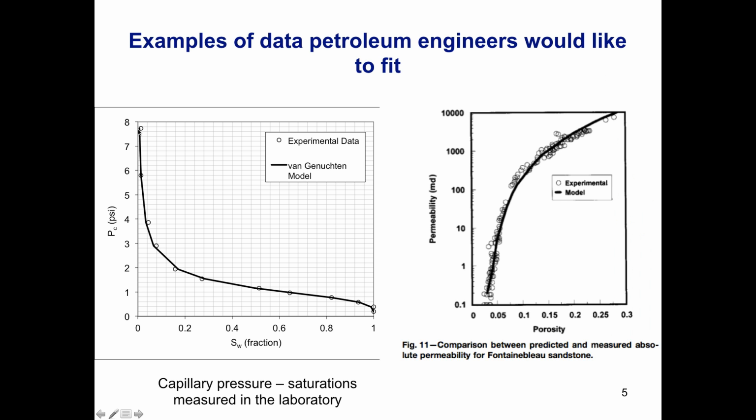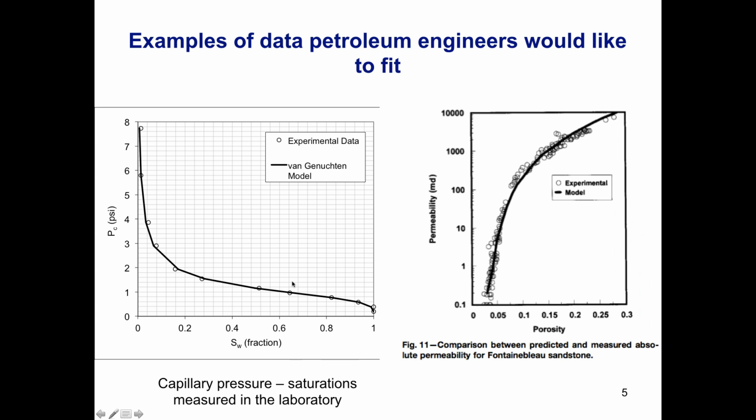Now, this was so-called drainage. In imbibition, I would actually go back this way, okay? It so happens that I would also have some residual in my rock, so I will never be able to push that oil back completely, okay?